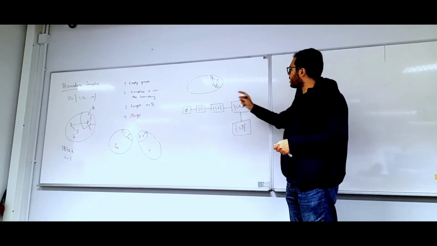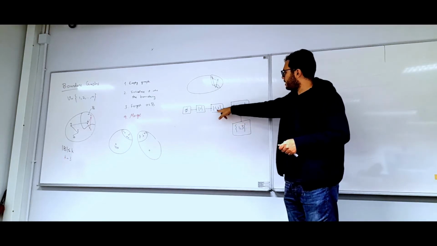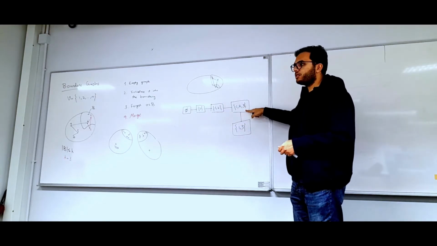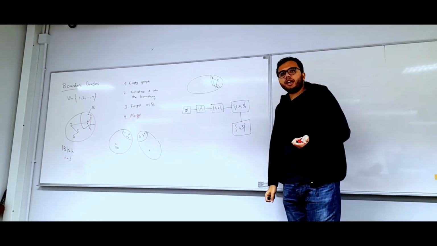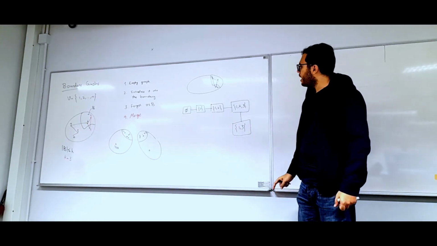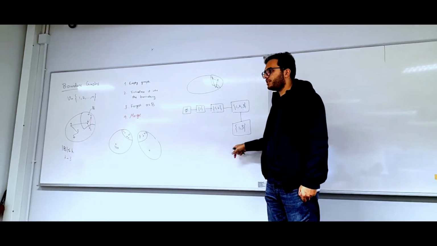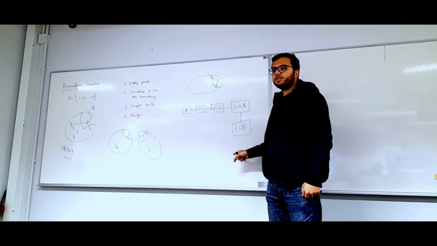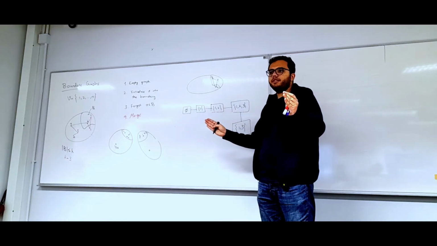Right? Because when I'm adding vertex 3, 1 and 2 were in the boundary, and 3 had edges to 1 and 2, but then I added 1, 2, 3, which covers all of those edges. Now the last point I have to prove is that every vertex appears in a connected subtree, but this is a path, so I just want to prove that every vertex appears in some segment of the path.